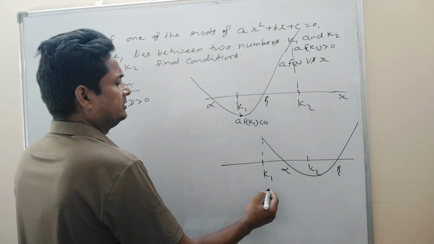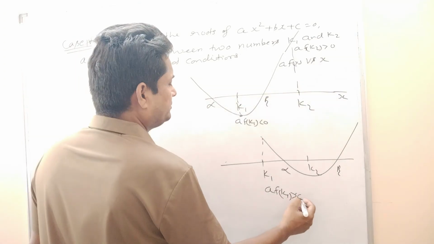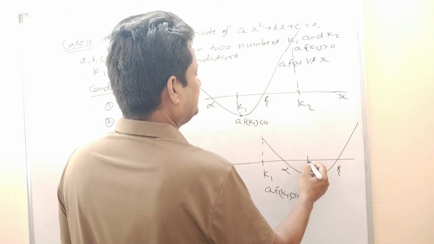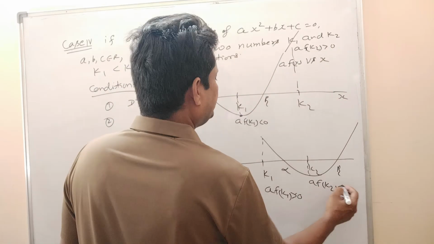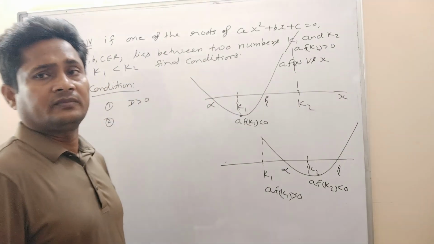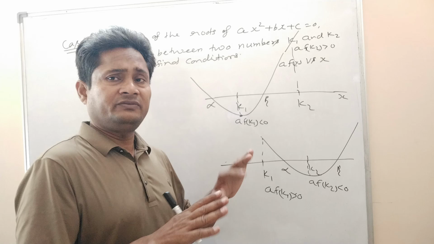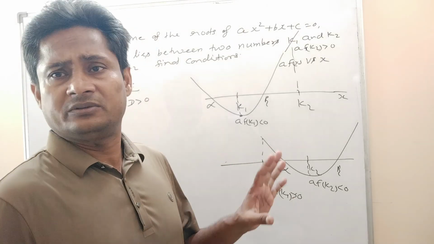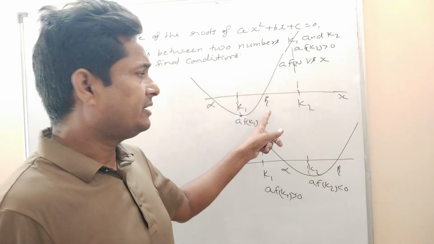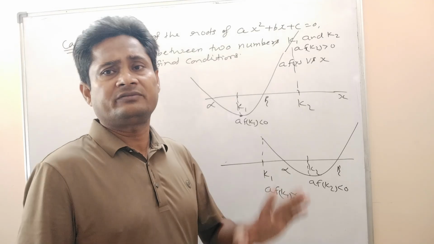Here also, a times f of K1 is positive, and in this case, a times f of K2 is negative. Both cases we can study separately, but no need to study separately. We can combine these two cases in one form.